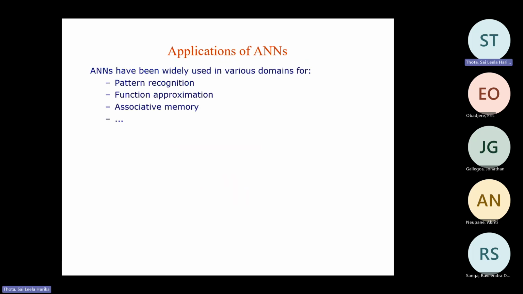And applications of ANN: ANN is basically used in various domains. If you observe any research paper, they will definitely consider neural networks for the comparison. Even though they have built some machine learning model as their final model, they will definitely consider neural networks for their comparison, and they will say that my model performed well compared to this model.